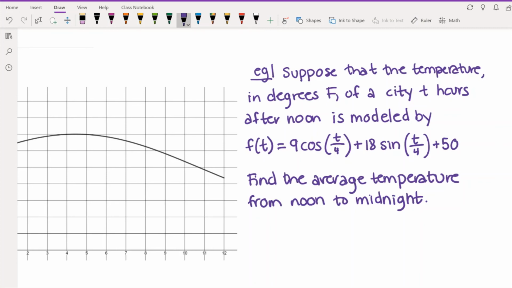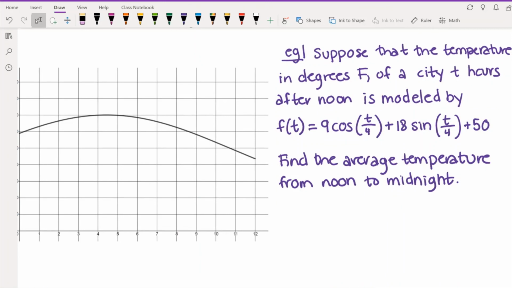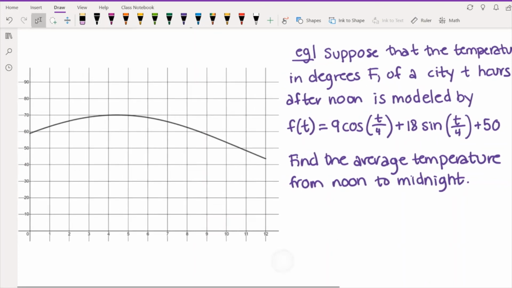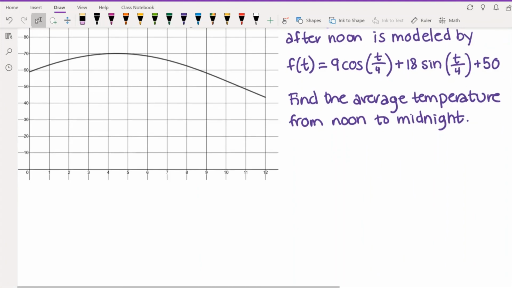Okay, so let's start by rephrasing this question so that it sounds more like the problems we were working on earlier. So what do I mean by that? Well, if we're finding the average temperature, that's the same thing as finding the average value of the temperature function, right?